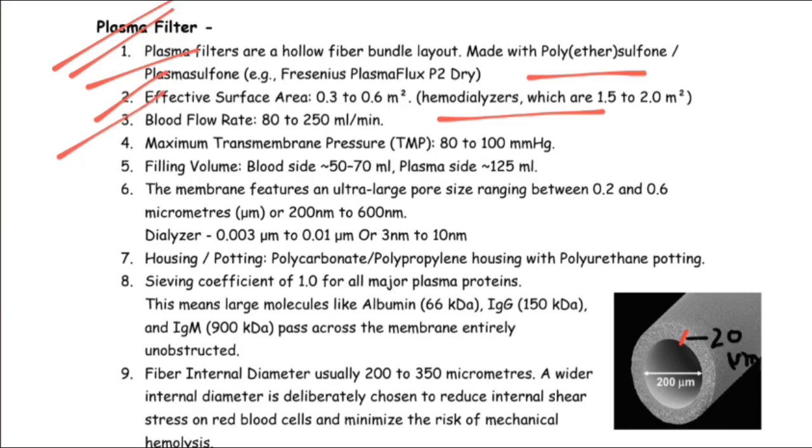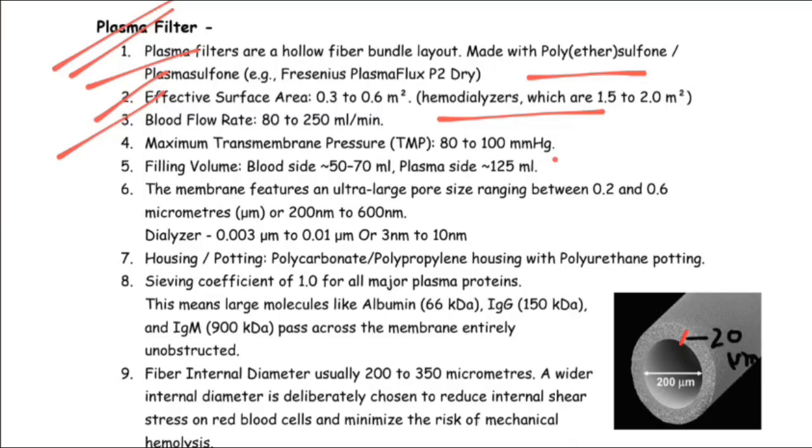Blood flow rate 80 to 250 ml per minute. Here I can tell you that typically the blood flow rate mentioned is 50 to 150 ml per minute. Maximum transmembrane pressure is 80 to 100 mmHg.